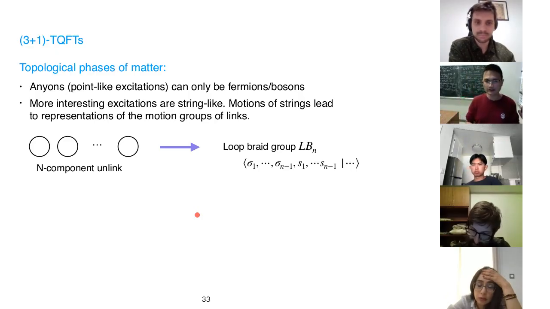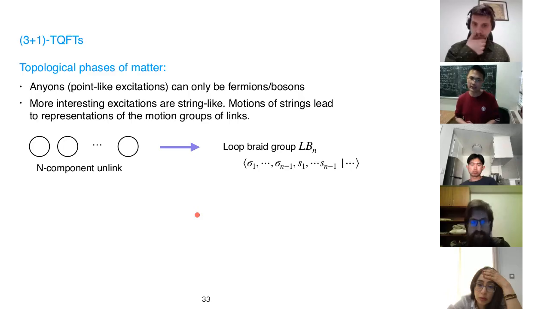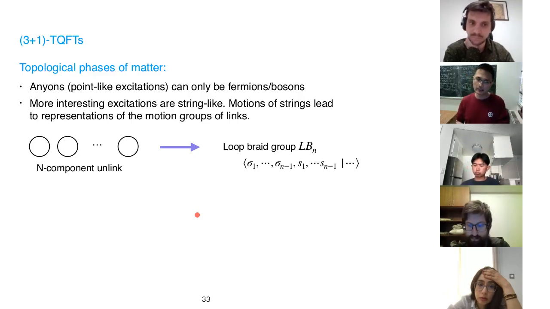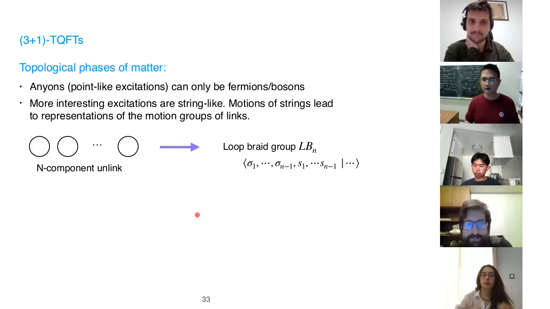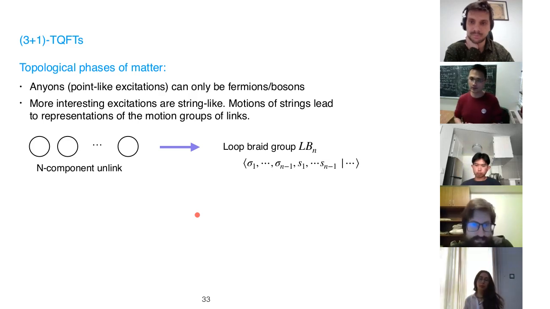We also consider the exchange statistics for excitations of this form. Now, in this case, instead of a braid group representation, these multiple-component unlinks form the so-called loop braid group, and so the braiding of these excitations induces a representation of the loop braid group.